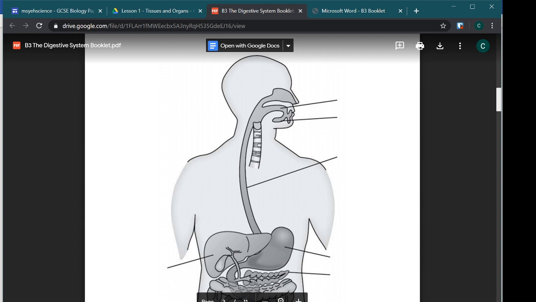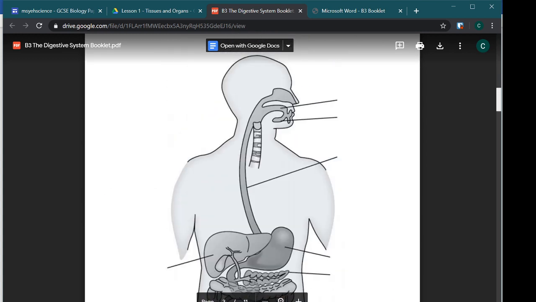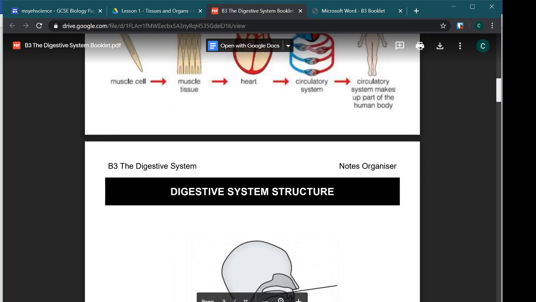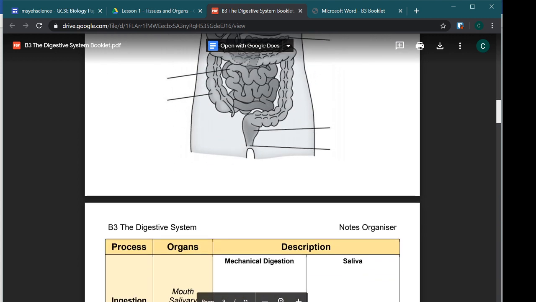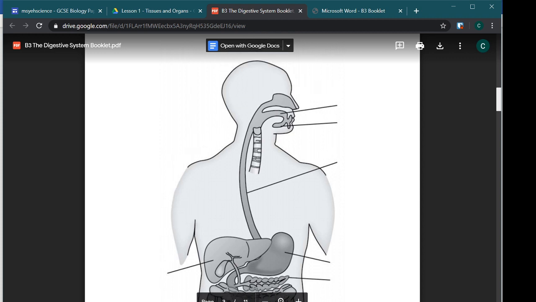Those instructions are also on Show My Homework, but I have organized these notes organizers to be based off Kerboodle, so you can extract information from the Kerboodle textbook, cut out all the extra bits and just do what you need to know.